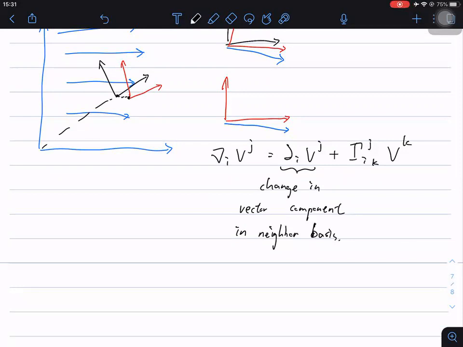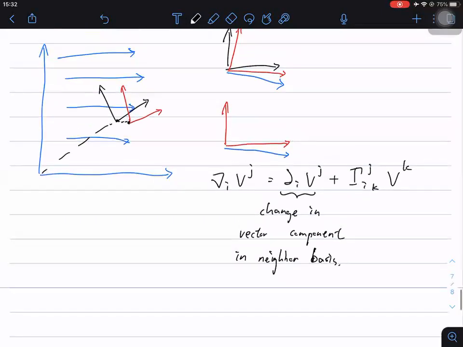Well, for the scalar field, we don't have any problem, simply because for a scalar field we don't actually need the basis vector to describe its component. So the change in any basis vector, you don't have to consider it when you take the derivative. Only if you take the covariant derivative of a vector field or tensor field.